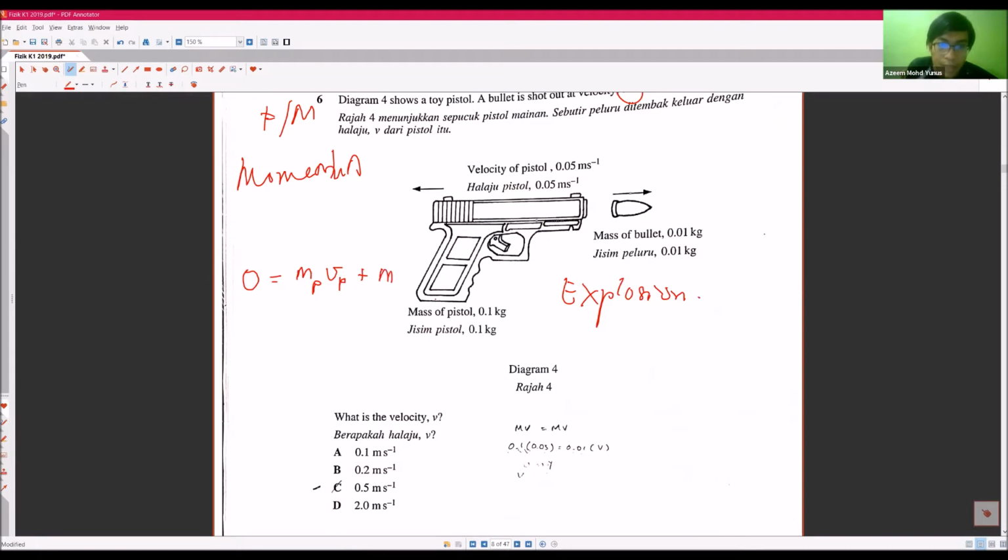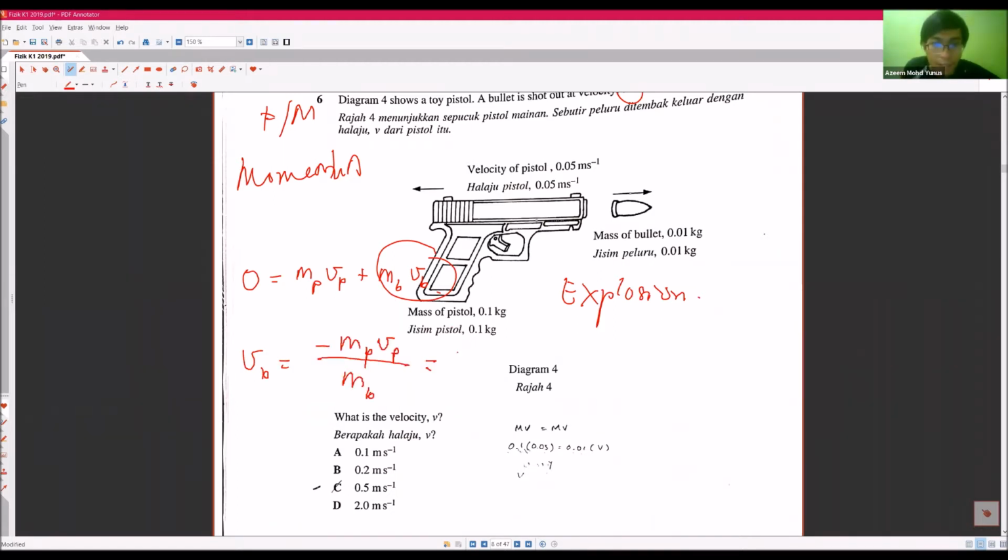So both have momentum but opposite to each other in order to make the total 0. We can rearrange this formula. Basically, we want this side over here. So vB equals minus mP vP divided by mB.